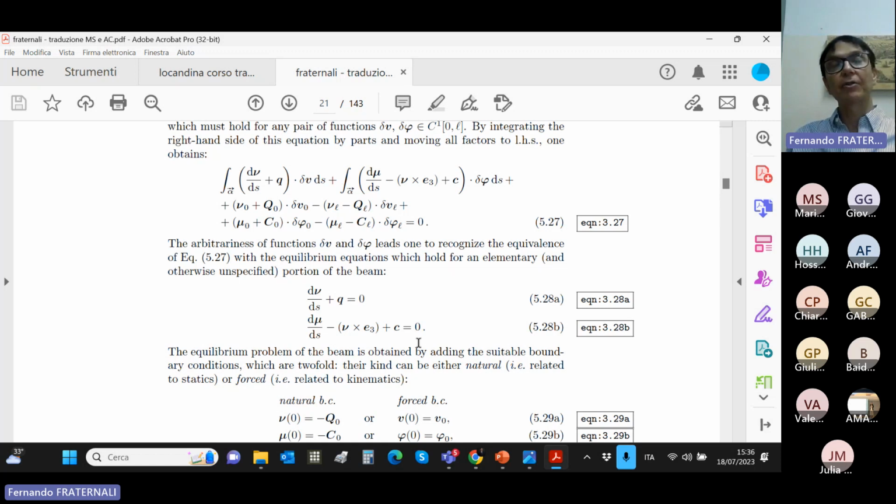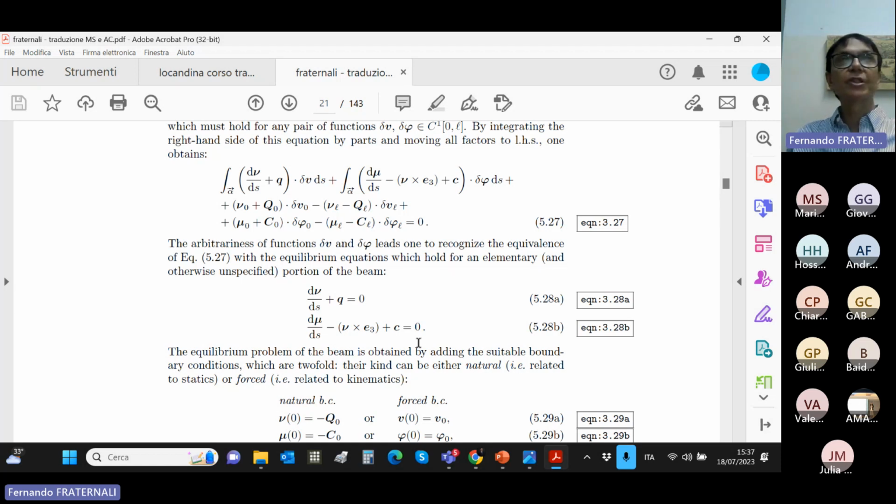The mu is the vector of the first order moments of the stresses with respect to the centroid, which has components given by the bending moments mu1 and mu2, and the torsional moment, or torque, mu3. The equation is d mu over ds minus nu times the vector E3, plus c equal to 0, where c is the vector of the distributed couples per unit length.